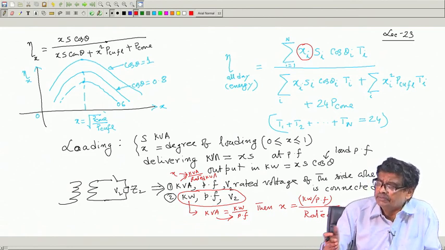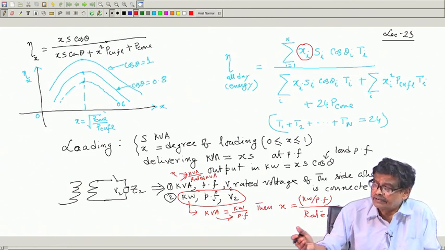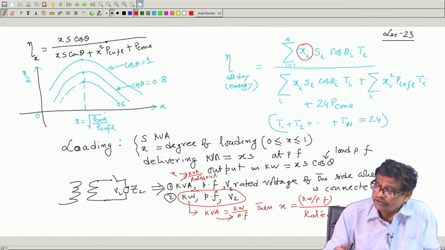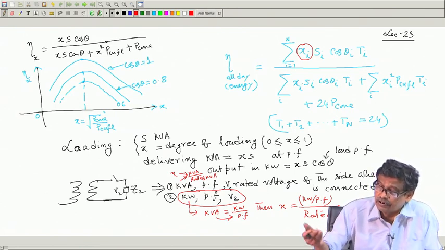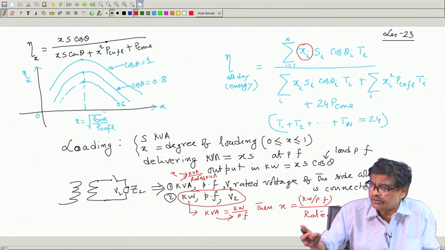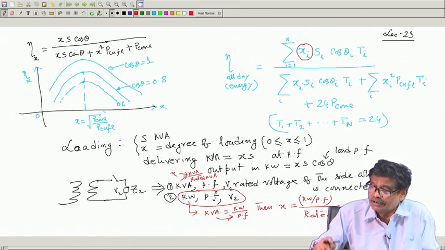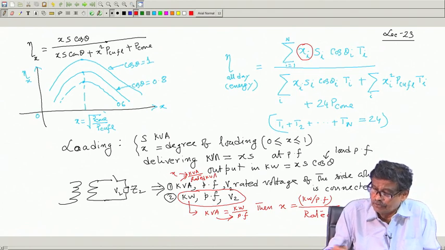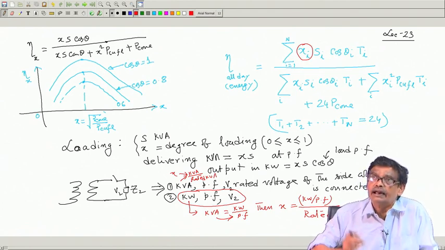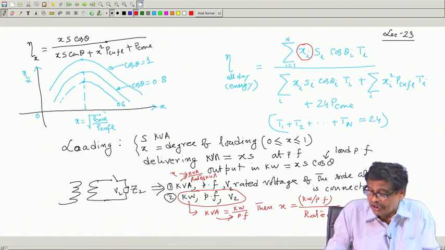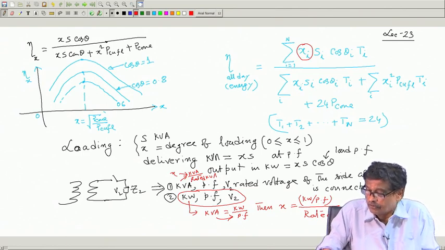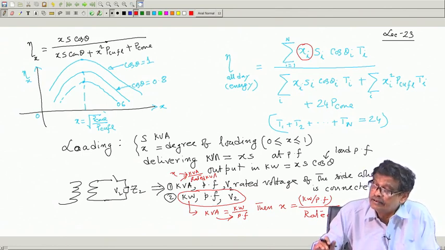If the load is described over 24 hours, for T1 hours it is x1 degree of loading, for T2 hours x2 degree of loading. My target will be to calculate x1, x2, x3 depending upon the load it is handling at different intervals of time.